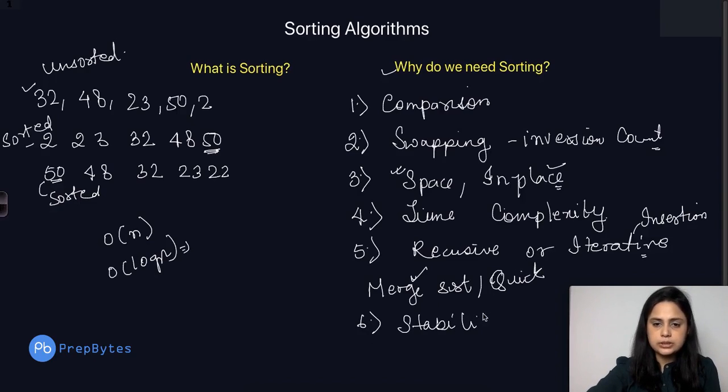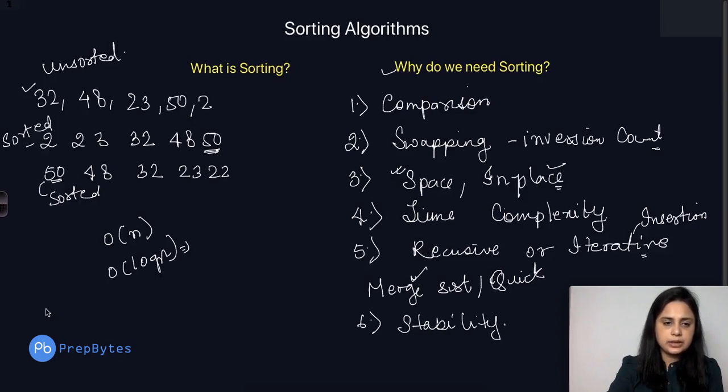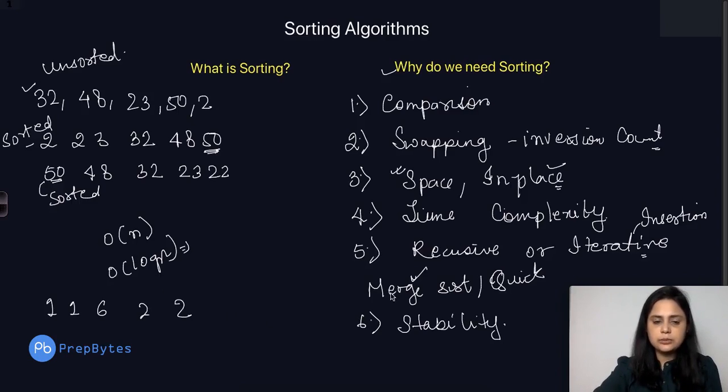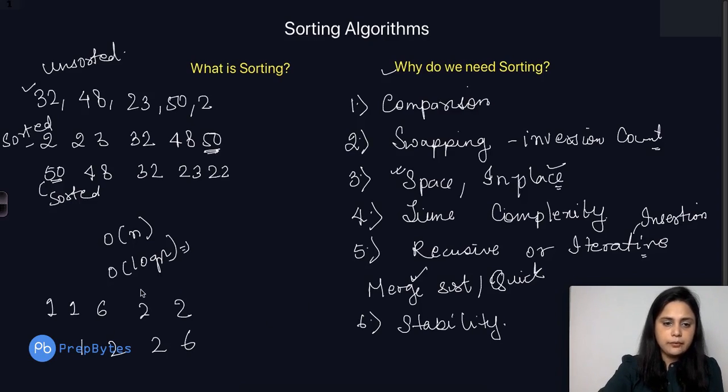So there are actually 6 points. Stability means, let's say we have something like this: 1, 1, 6, 2, 2. When we say an algorithm is stable, it means that in the sorted array, if this 2 comes first in the original array, then this 2 will come first in the sorted array.